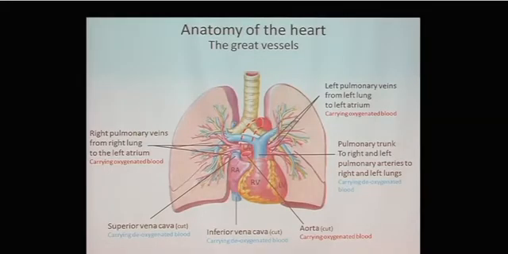All right, so let's look at the great vessels of the heart. Here's our heart in the middle of the 2 lungs. We have the right atrium, right ventricle, left ventricle, and left atrium. So let's start by following the blood into the heart. Deoxygenated blood from the systemic circulation enters the heart through 2 vessels, the superior vena cava and the inferior vena cava.